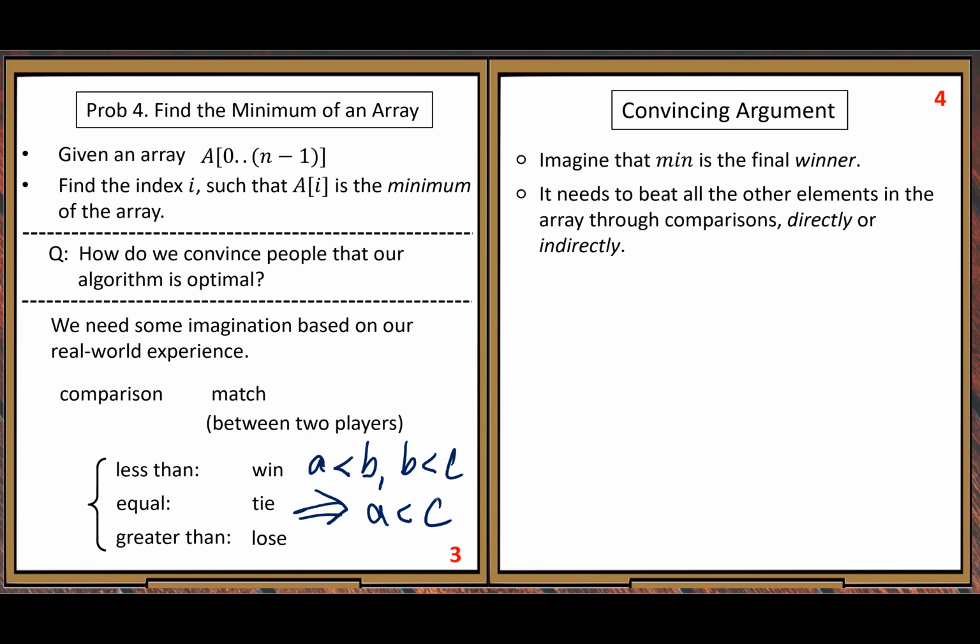Look at this, suppose there are 3 players, A, B, C. A beats B, B beats C, then A and C, we do not need them to play, right?